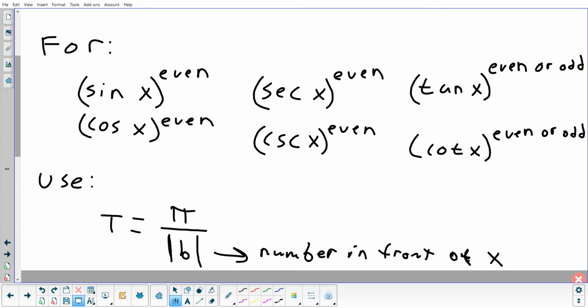What this one doesn't cover is sine, cosine, secant, and cosecant to an odd power. That's going to be 2 pi over b. So those other 4 cases are going to be 2 pi over b.